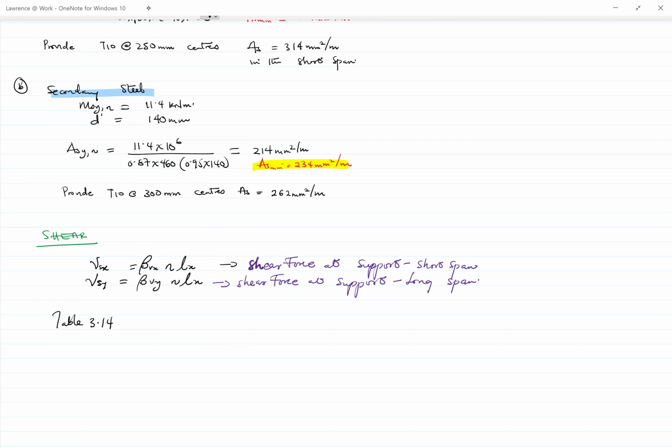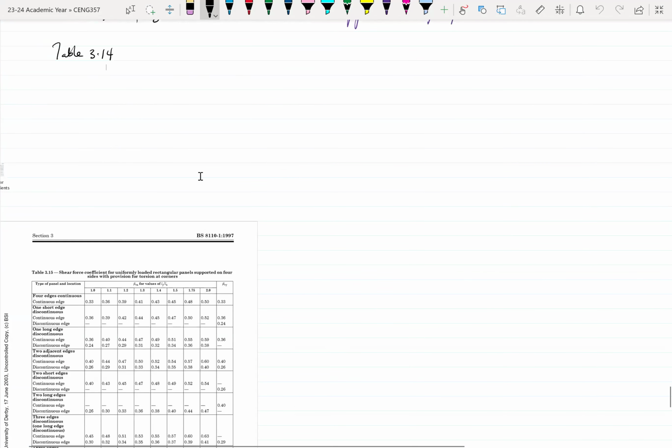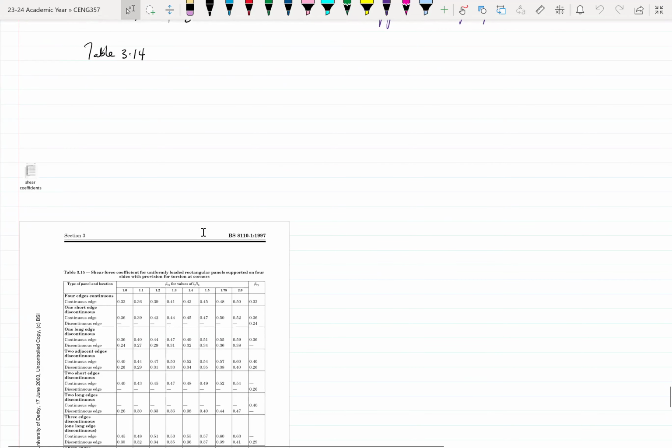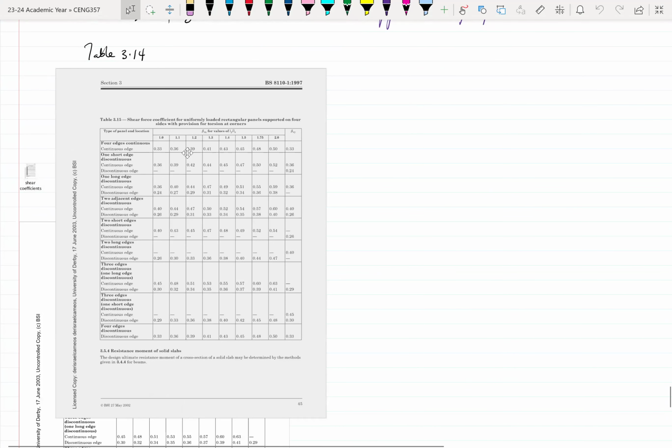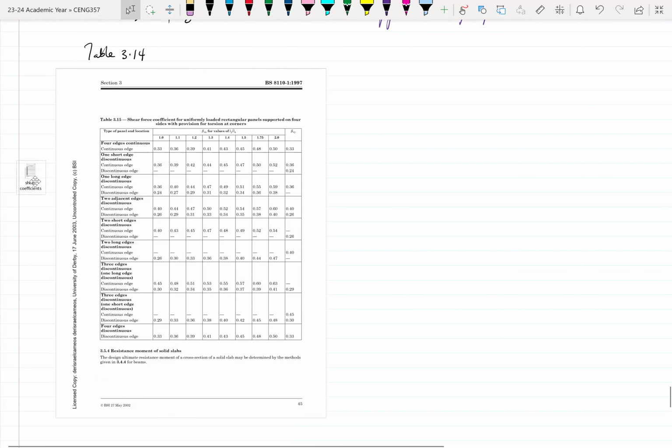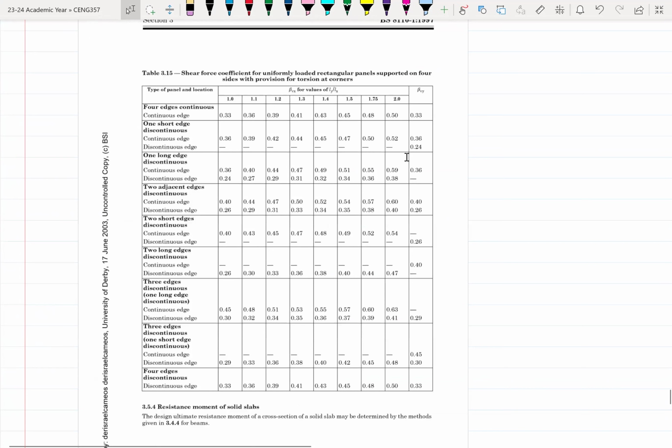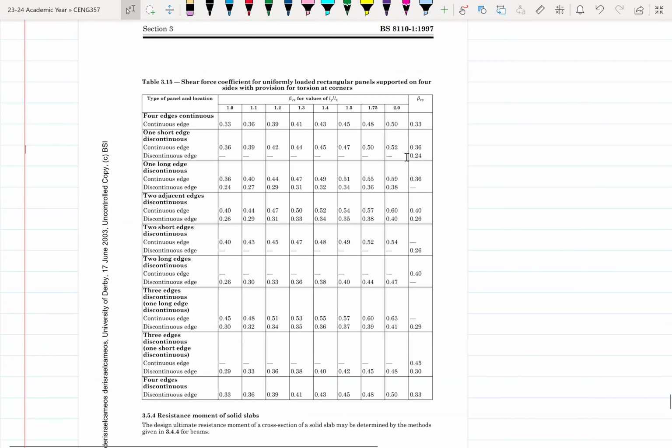So it should appear in a moment from now. Let me just take it up. So this is a shear table. It works pretty much the same as that of the bending coefficients table, right?